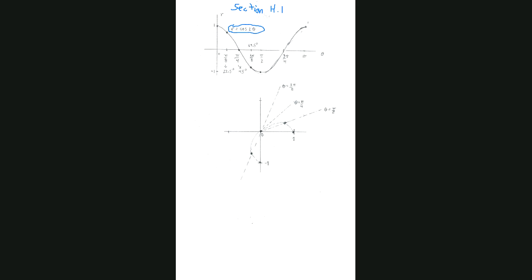By picking an appropriate window with a beginning value of theta, an ending value of theta, and some theta step, which I usually get by taking theta max minus theta min and dividing by 100 to get about 100 points, you can graph these polar curves quite easily.